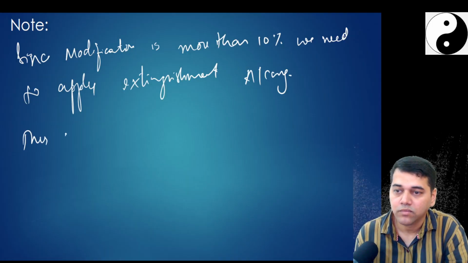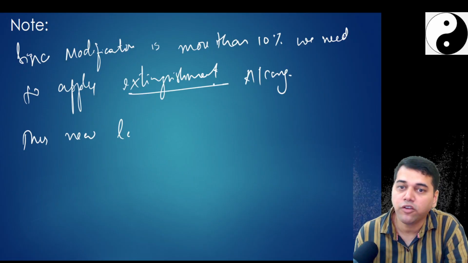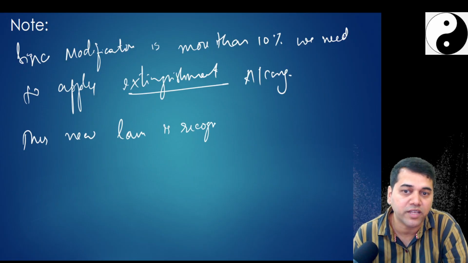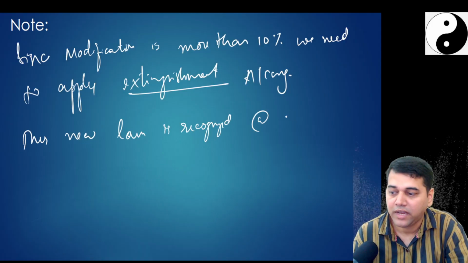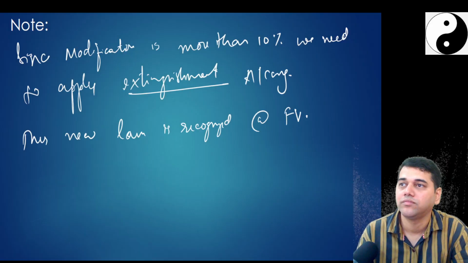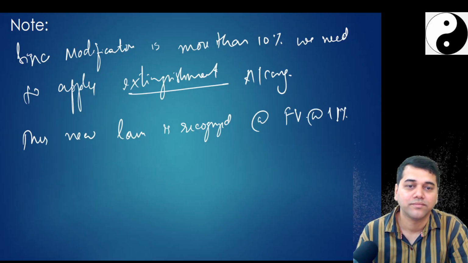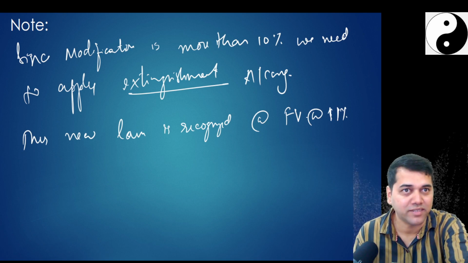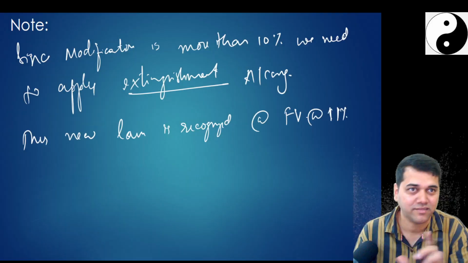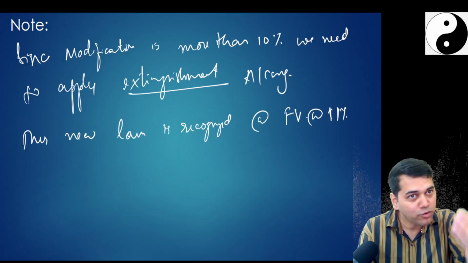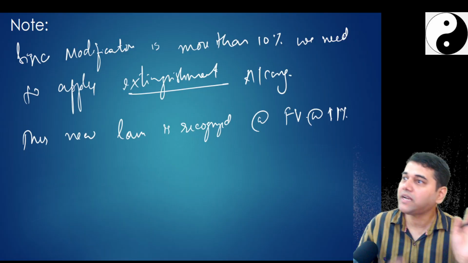Thus, since we follow extinguishment accounting, the new loan is recognized now, which was not there, at its fair value, at 11%. What we did at 10%, it is only for a test, so that we can compare apple to apple. But since a new loan is going to come, we will treat it as if it is a new loan.